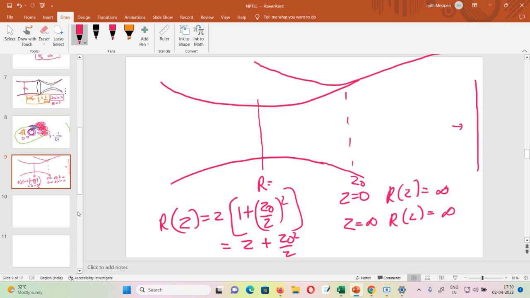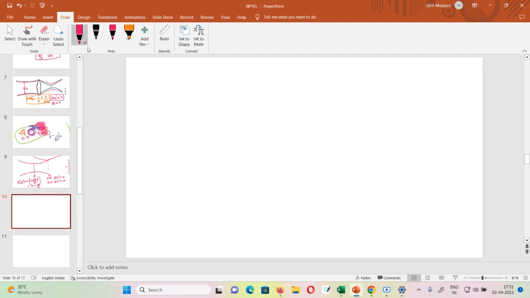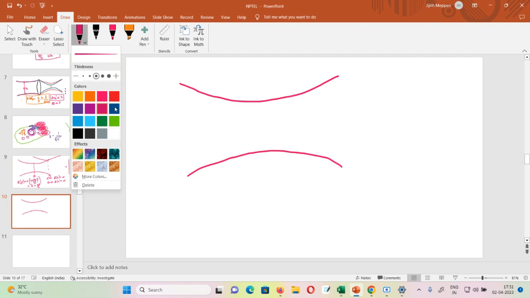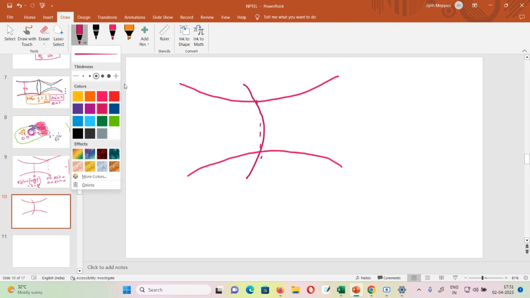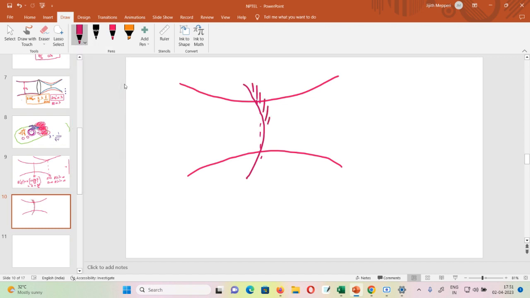Now the question is that at the beam waist we place a concave mirror. So the question is, what will happen? Now just think, in the case of a plane wave, if you place a concave mirror, what will happen?